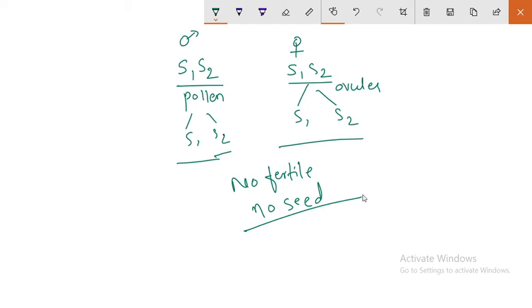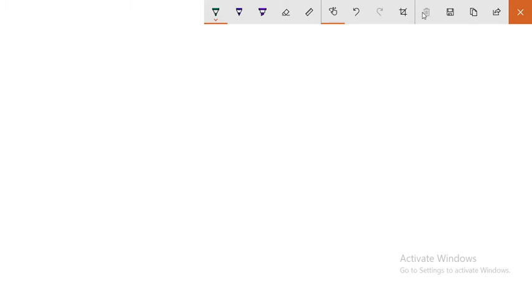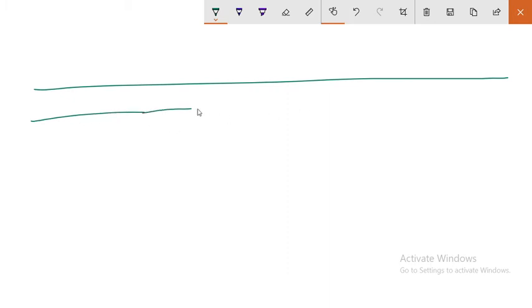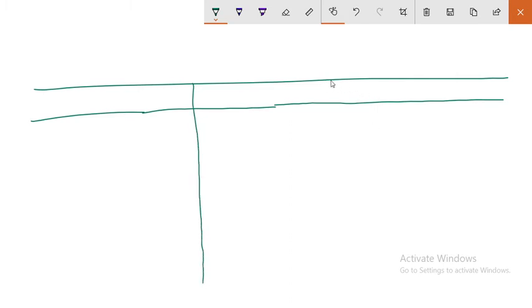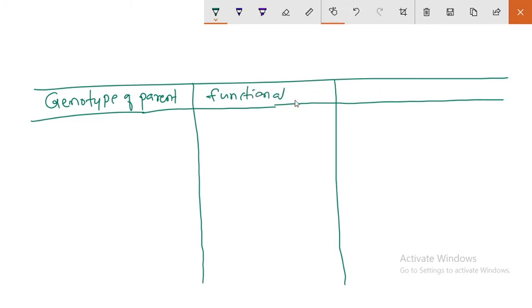Now we will draw a table here: the genotype of parent, the functional column, and the resulting progeny, along with a serial number.